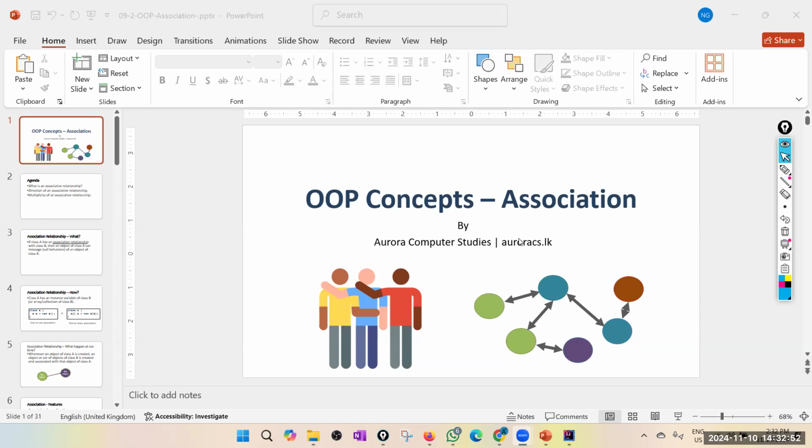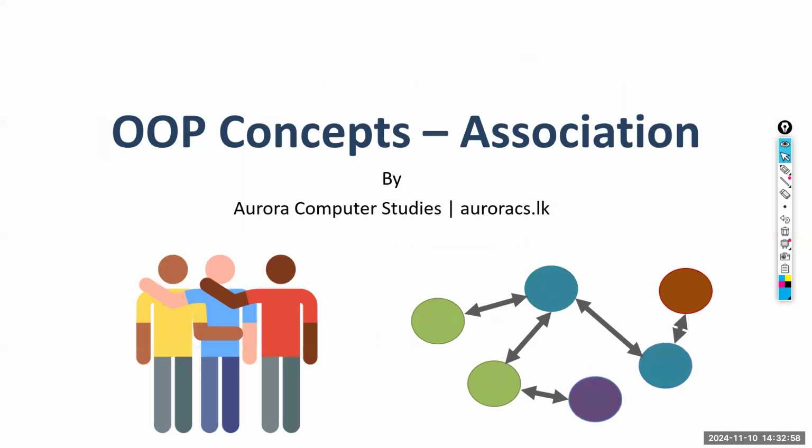Right. So now we move on to our next concept, association. So remember, I mentioned to you that when we develop object-oriented software, at runtime, a set of objects communicate and collaborate with each other. So that means this object can send a message to this object, can send a message to that object, and so on.